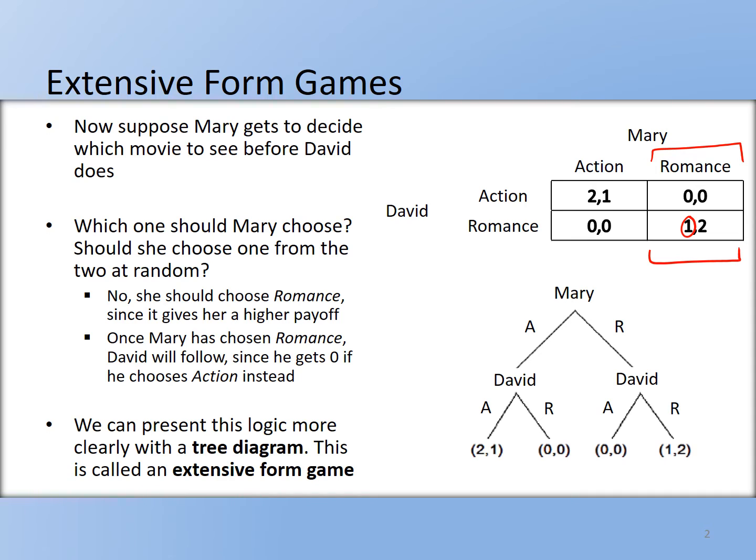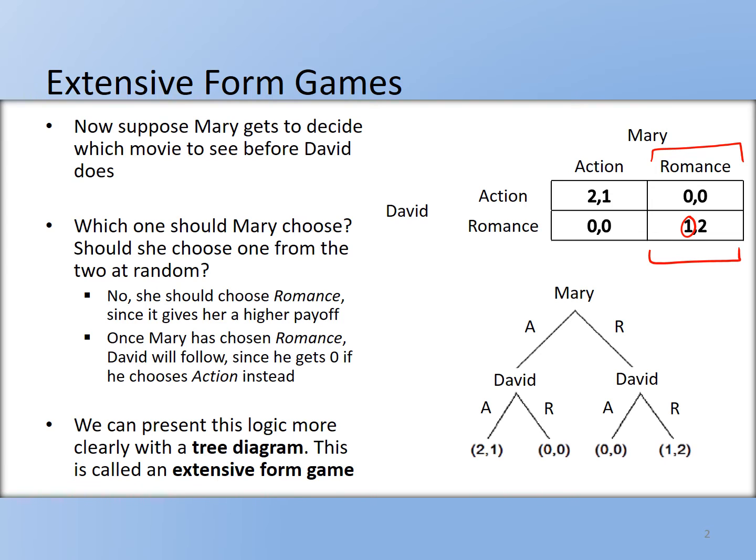Now, it might be more clear if we represent the game in a tree diagram. So now it makes it very clear who gets to move first. You read the diagram from top to bottom. Mary moves first. She gets to choose A representing the action movie and R representing the romance movie.